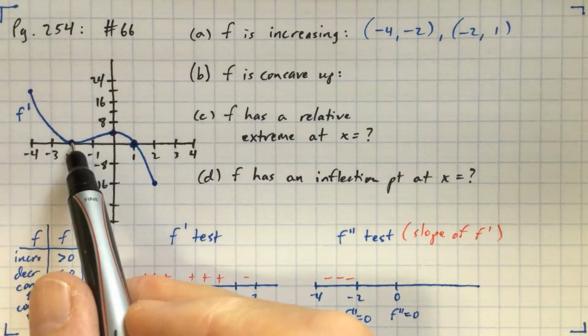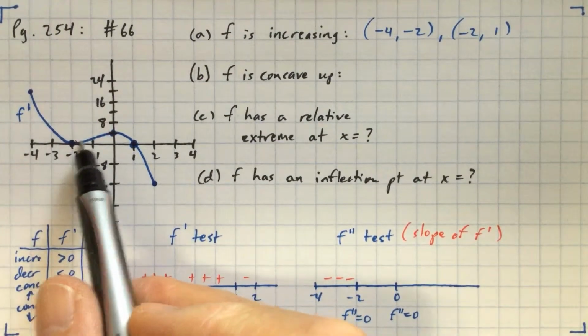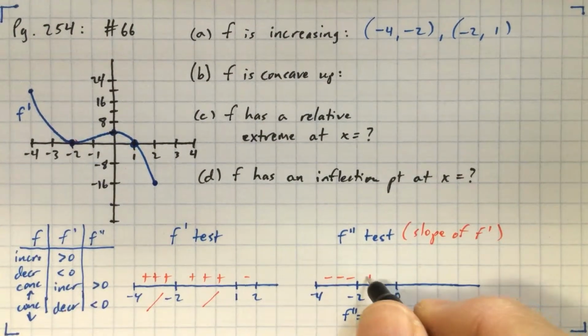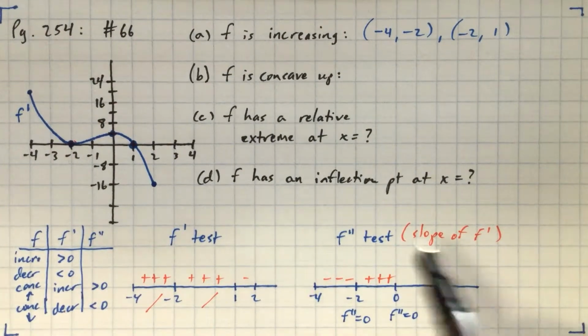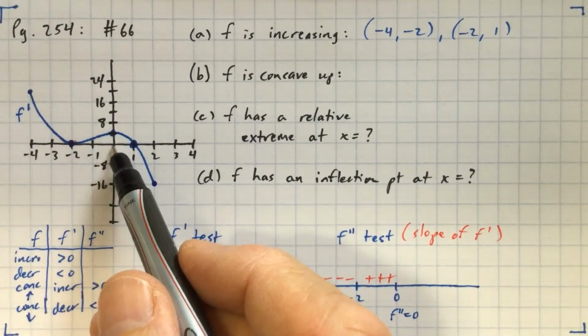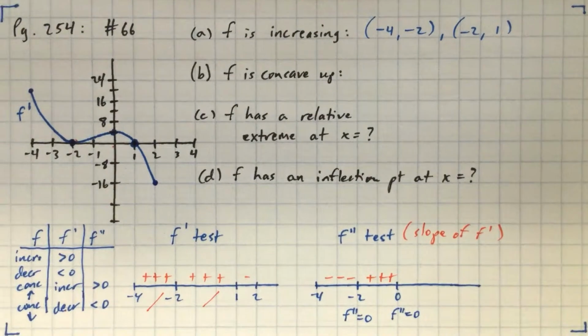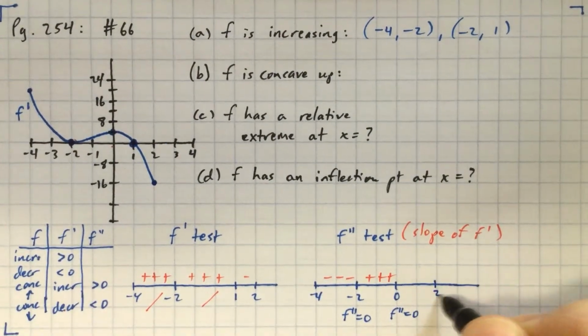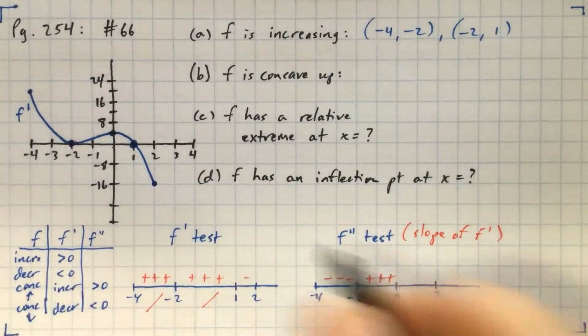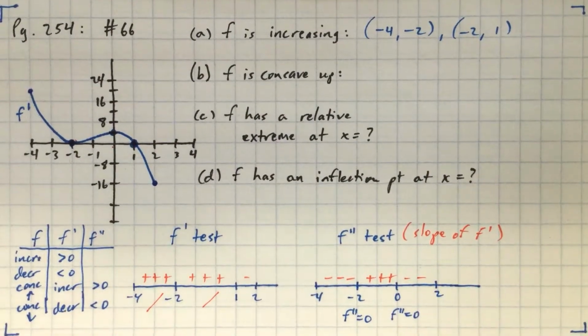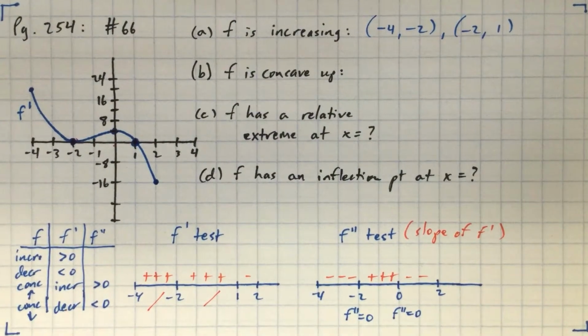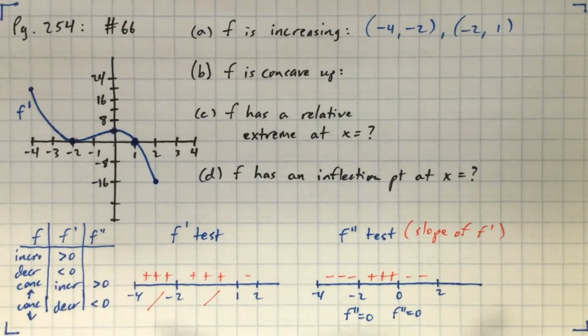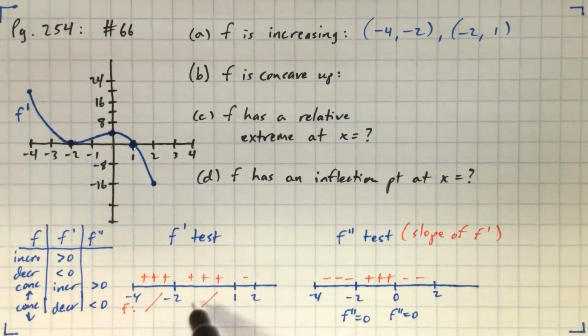Then on the interval from -2 to 0, the slope of f prime is positive, so f double prime is positive. And then on the interval from 0 to 2, f double prime, or the slope of f prime, is again negative.